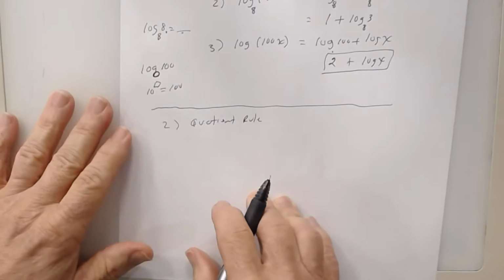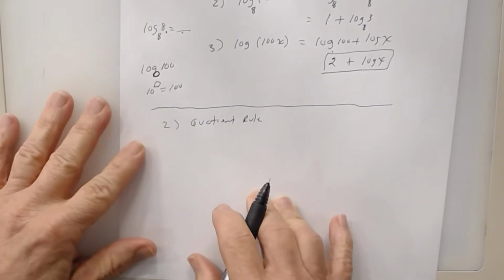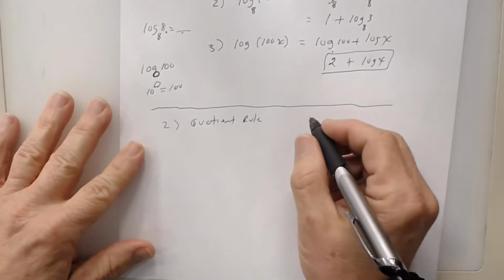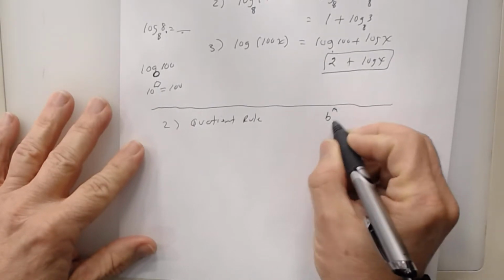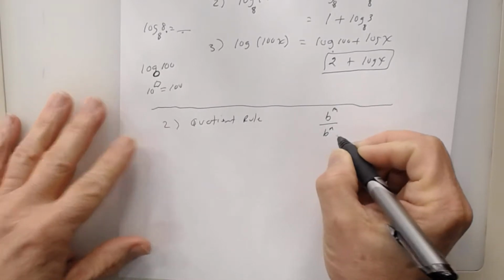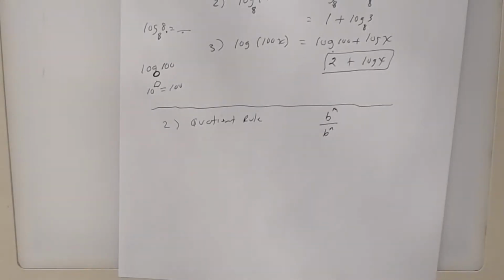Math 98 was positive exponents. But the quotient rule looked like this: b to the m divided by b to the n. Remember, when you think of quotient, what operation comes into your mind? Division. Think of product, what operation comes into your mind? Multiplication. So the quotient rule has to do with division.